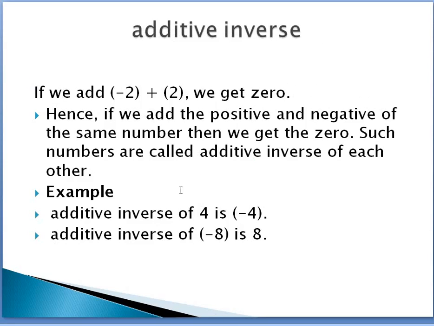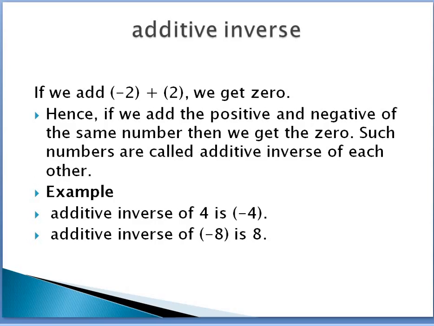Additive inverse. See, minus 2 plus 2 is 0. On the number line, minus 2 means you go to the left 2 places and again right 2 places, you get 0. Even minus 3 plus 3 is 0, plus 3 minus 3 is 0, plus 4 minus 4 is 0. If you take both numbers the same, one with plus and one with minus, you get 0.